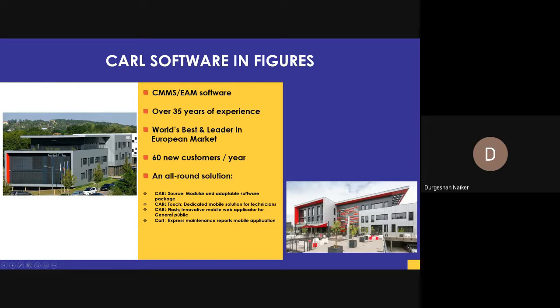Carl Flash is for the general public or anyone else who wants to report any problem, and they make a work request. If they see anything wrong, I'll show you that also. Carl Express is another app, a condensed version of Carl Source running as an application on your mobile smartphones.